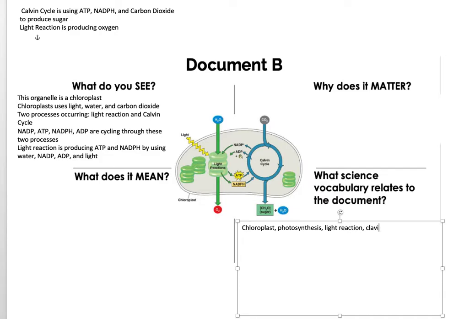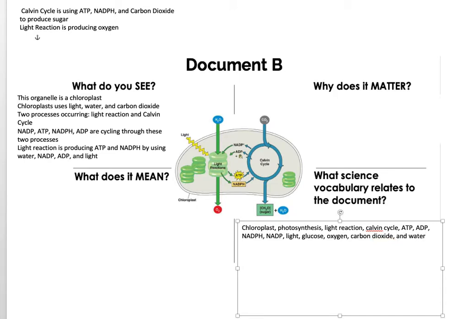We know Calvin cycle. ATP, ADP, NADPH, and NADP. Light, glucose, oxygen. Again, we have carbon dioxide and water.